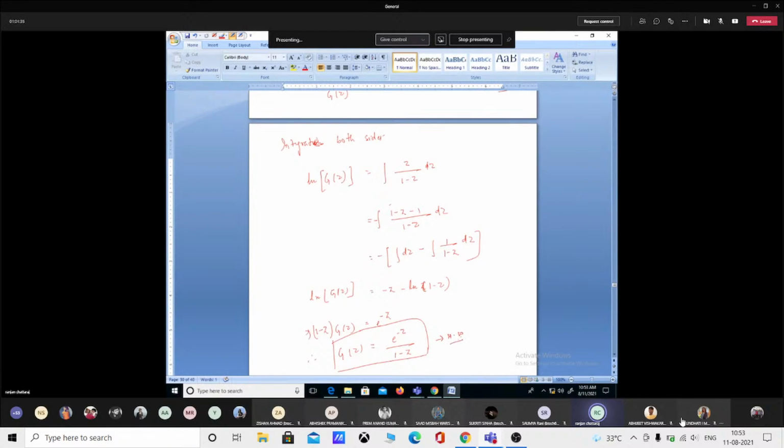Homework is find a_n by expanding e to the power minus z by 1 minus z in terms of the sequence. So everybody try this one. Next class again we will try to solve some problems from this as well as from the characteristic equations.